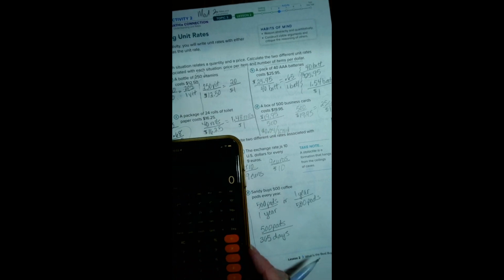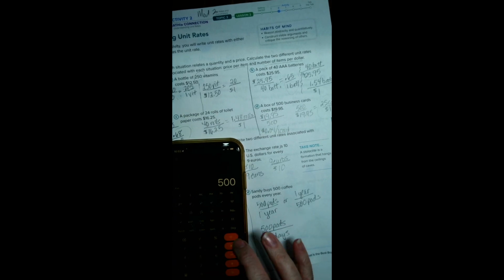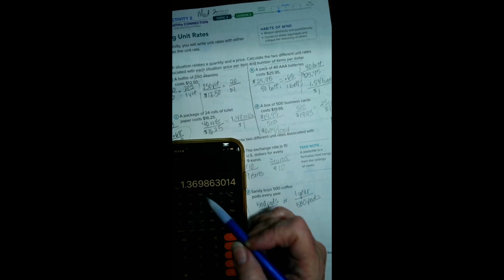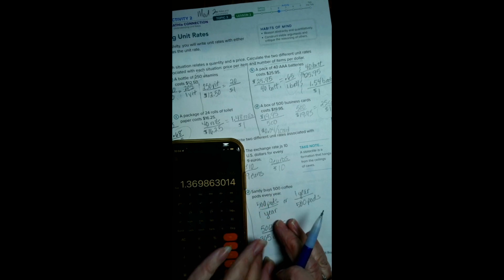So if we do 500 divided by 365, we get about, we'll round that up, about 1.4 pods per day. Just to kind of show that it's definitely more clear this way.